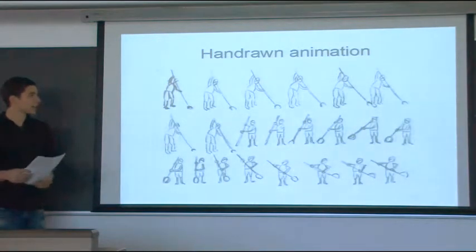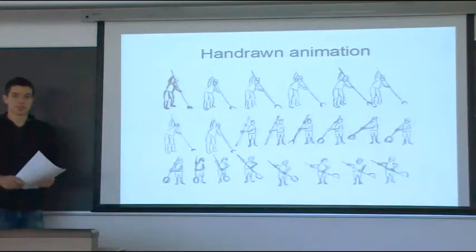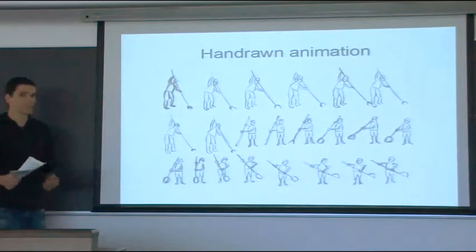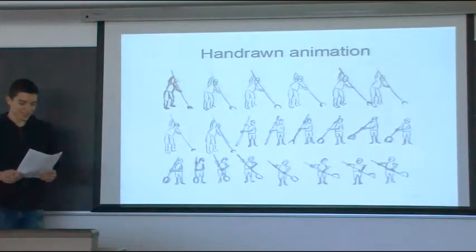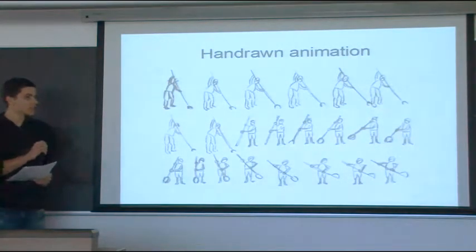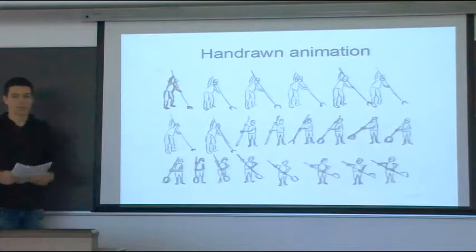Hand-drawn animation is the first type of 2D animation that we are going to analyze. This is known as the most popular art of the 20th century and was based on drawing every frame by hand.